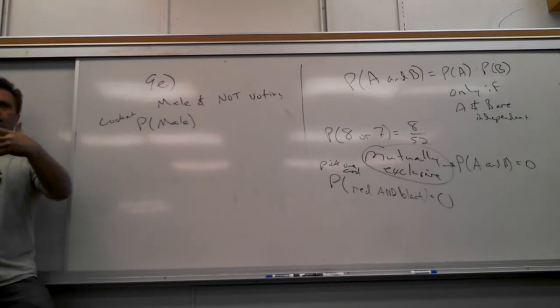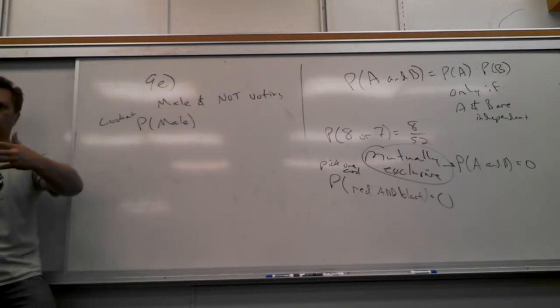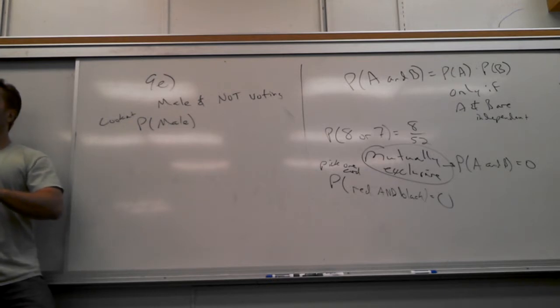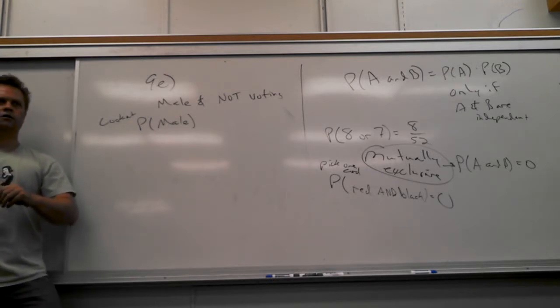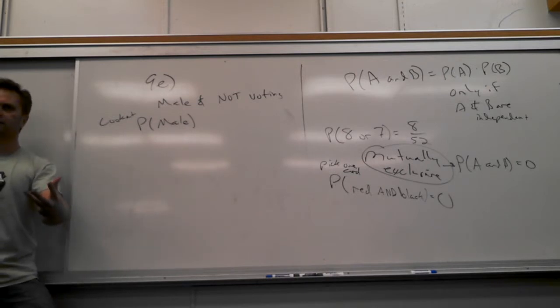What I need to see is how they affect each other. So what's the only probability thing that I have that shows how they affect each other? What's the only thing I can do in probability that allows one of them to occur to see how it's going to affect the other one? Given.